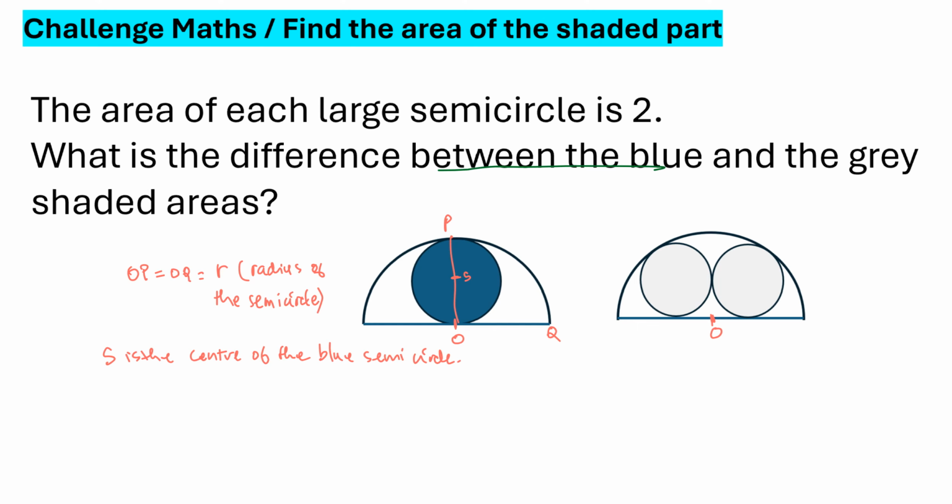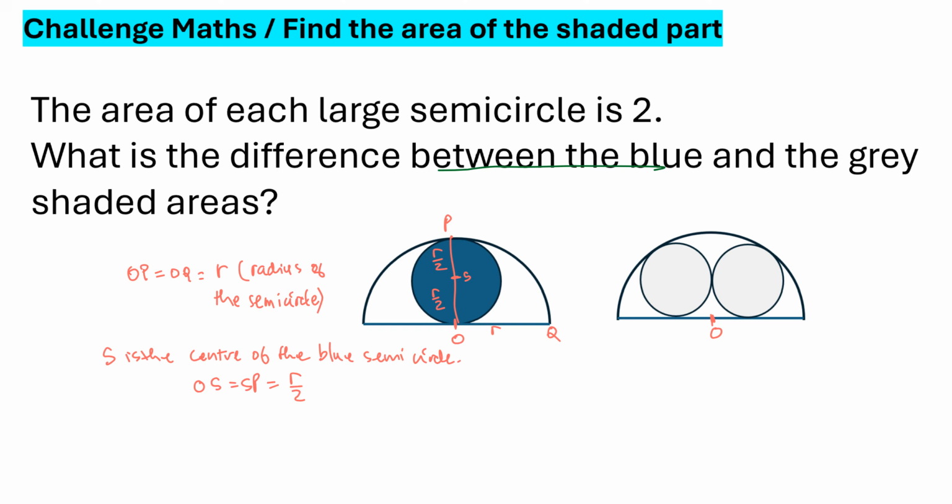So we know that OQ is r and OP is also r. However, for the blue circle, OP is the diameter, and so the radius would be r over 2. So we say OS is equal to SP is equal to r over 2.